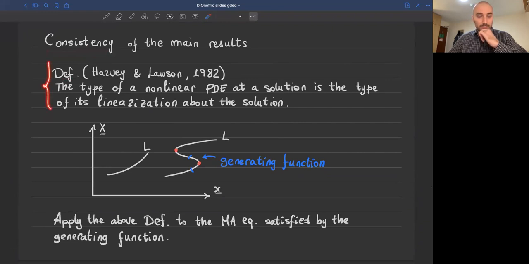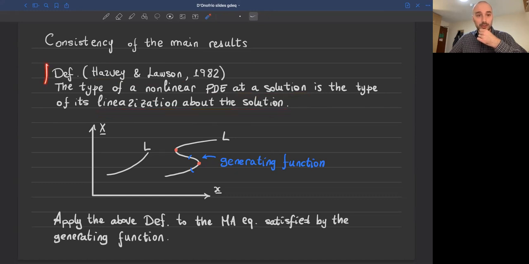We need to start from a definition, which was given by Harvey and Lawson. The symbol type of a nonlinear partial differential equation at some solution is the type of its linearization about the solution.